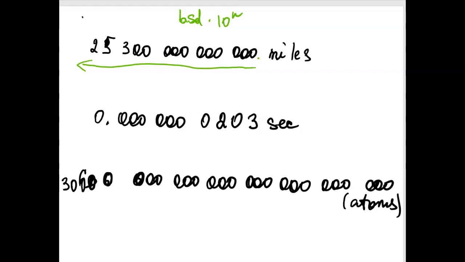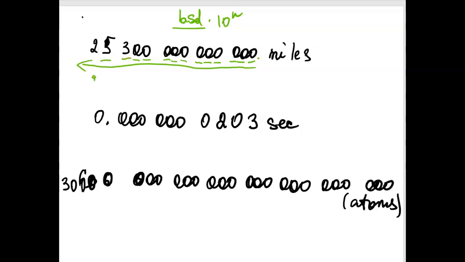I need to stop my decimal point having just one digit at the left of my decimal point. And I'm counting spots. So 1, 2, 3, 4, 5, 6, 7, 8, 9, 10, 11, 12, 13.